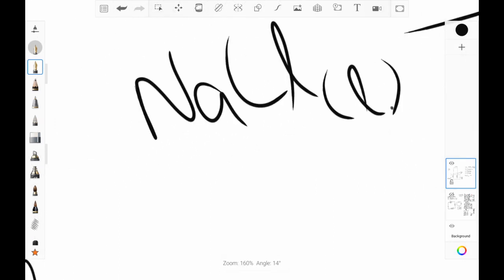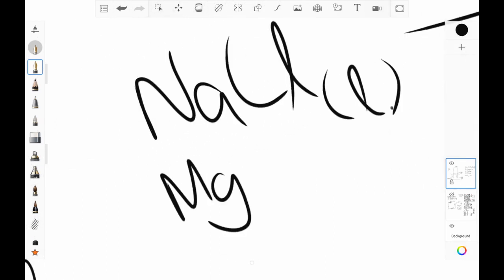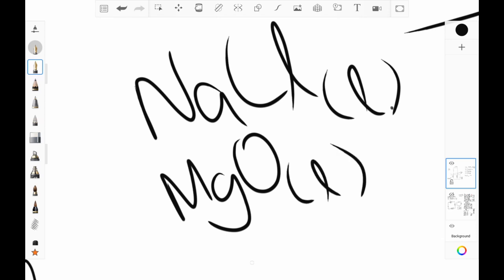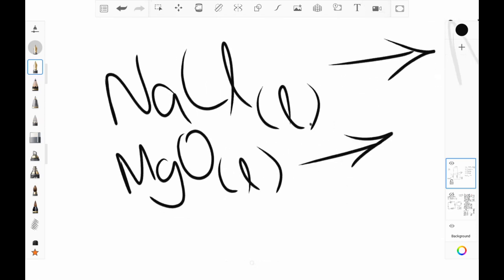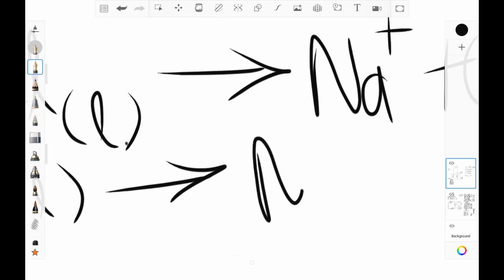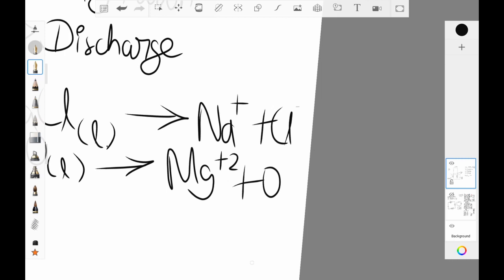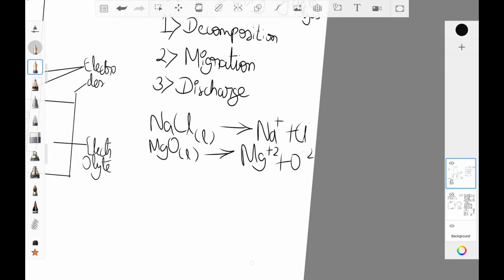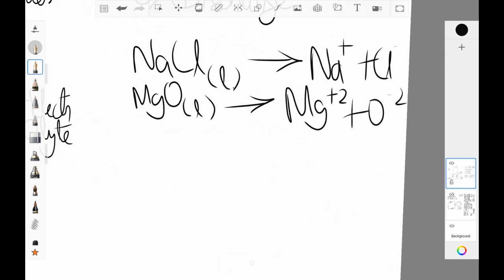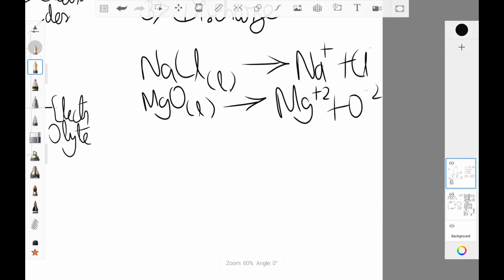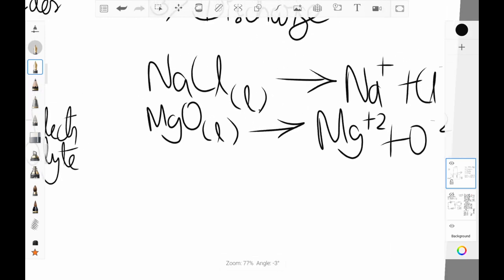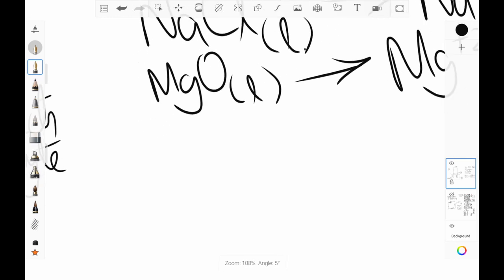Another example would be magnesium oxide. Again, let's take a molten electrolyte. It's going to decompose to form a magnesium ion and an oxide ion. Now, let's look at the decomposition of an aqueous ionic compound.